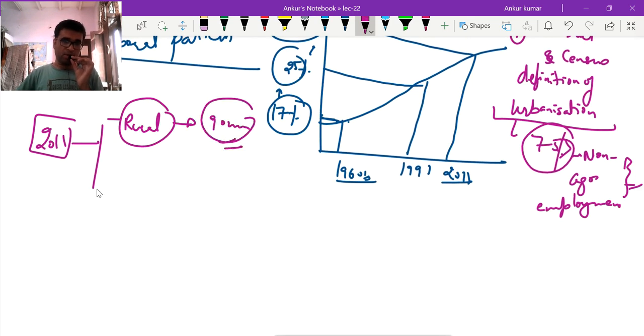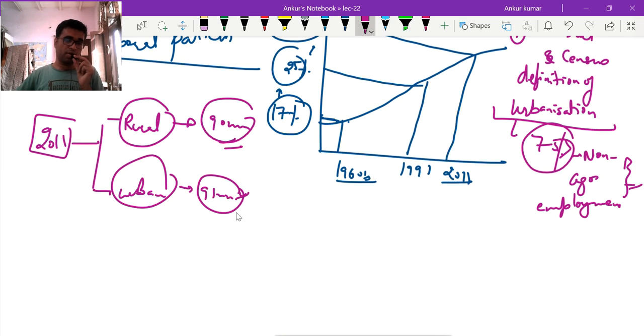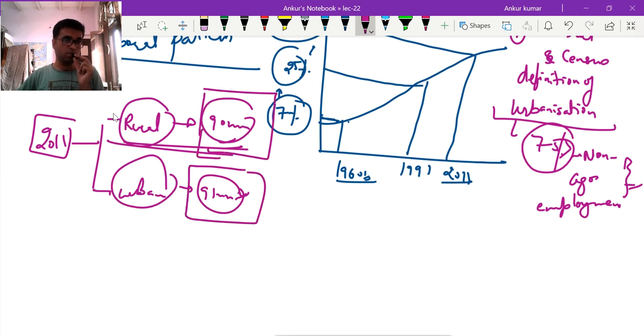However, urban areas added 91 million people. Even after that, we say that the growth of the rural areas was more than the urban areas. But see what the figure is showing: urban areas added more people than the rural areas in the 2011 census.